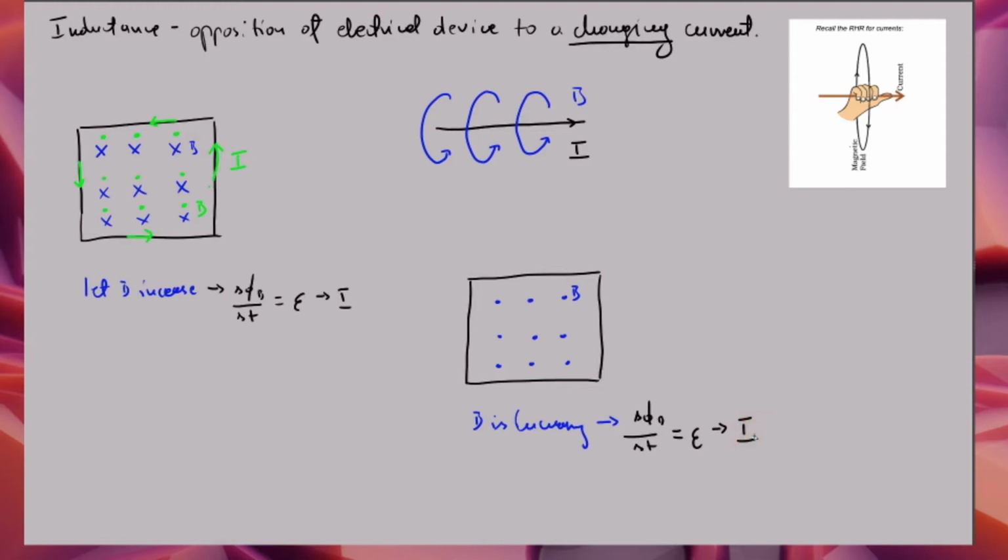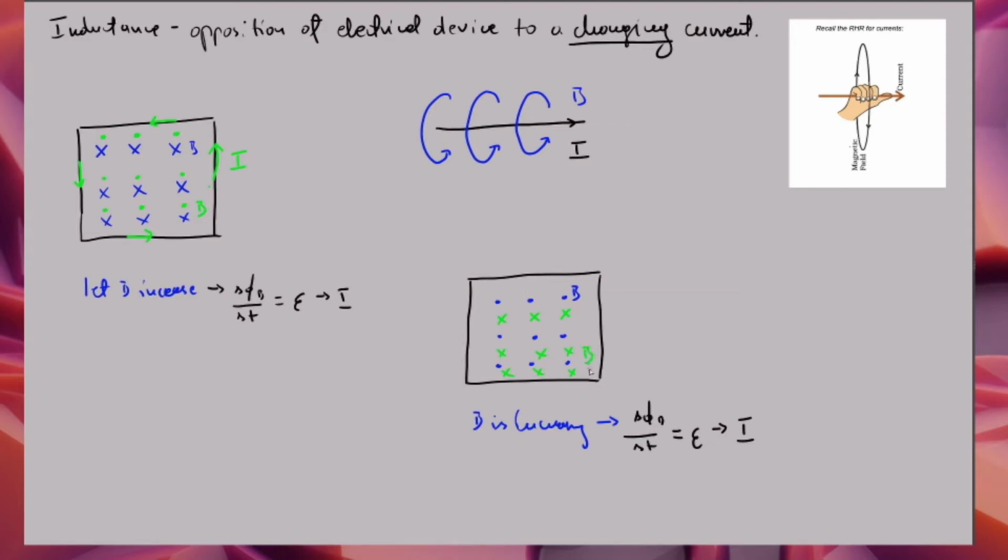Now let's use Lenz's law to determine the direction of that current. So by Lenz's law, the loop is going to oppose a change in the magnetic field. So if the magnetic field here points out of the page and it is increasing, then the loop itself is going to set up a field such that it points into the page. And it is also increasing. So I'm going to put an X for every dot that I had before.